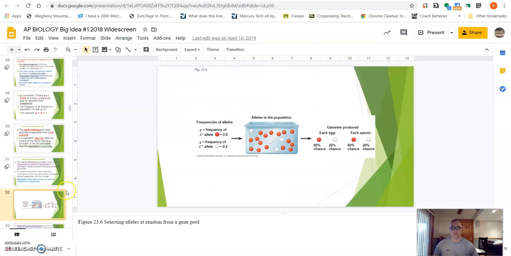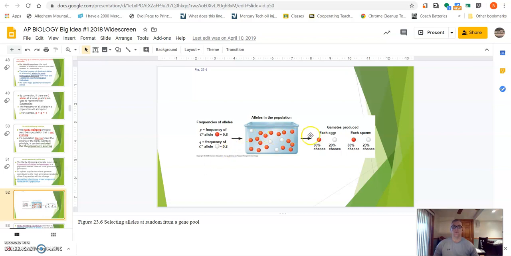All right, so let's take a look at this. They use the example of this collection of, we'll call them gumballs, in this gene pool right here. The red is going to represent the red allele, which in this particular case we're going to say is the dominant allele for the sake of this particular problem. And the Q is going to represent our white, which is the allele for the recessive phenotype, or the recessive color in this case.